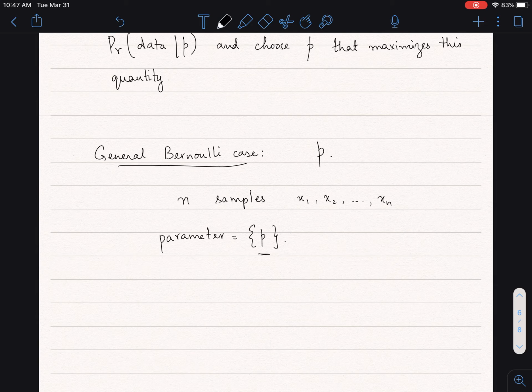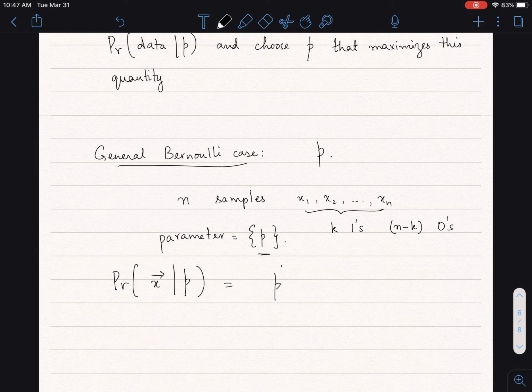Now let's ask the question, what is the probability of x bar given p? To compute this quantity, you'll need to assume how many heads or ones there are in our observation. So let's assume that we have k ones in our observation and n minus k zeros. Then this quantity can be computed the same way as before.